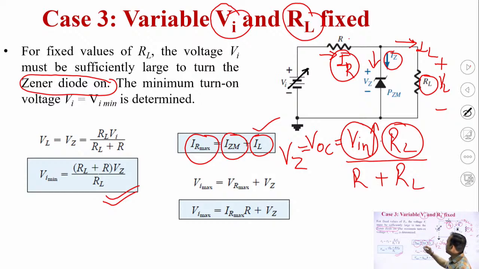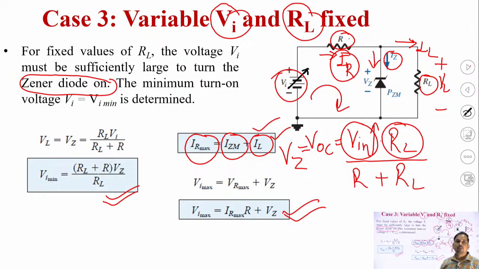So we calculate the value of IR max, and with the help of this IR max we can calculate VI max. VI max equals IR max multiplied by resistance plus Vz. So by this second formula, with the help of KVL in this particular loop, we can calculate the value of maximum input voltage.